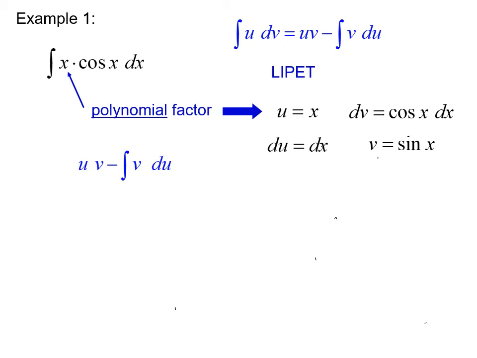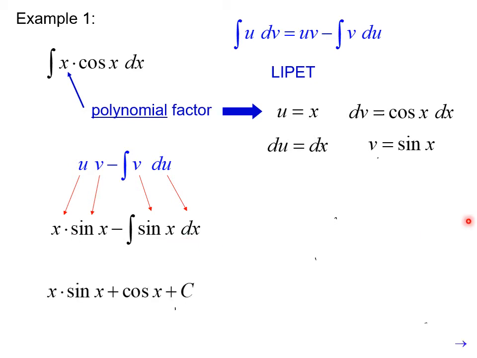I'm going to use our formula here to get uv minus the integral of v du. So the result will be, as you see now, x sine x minus the integral of sine x dx. So the result will be x sine x, and the integral of sine will be negative cosine, so negative times negative equals positive, which gives cosine x plus c. This is our solution for our integral above, example 1.